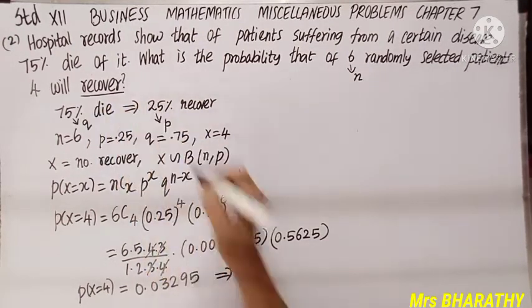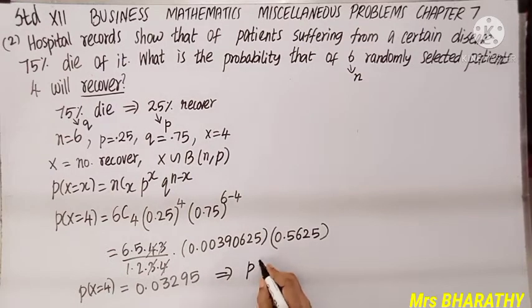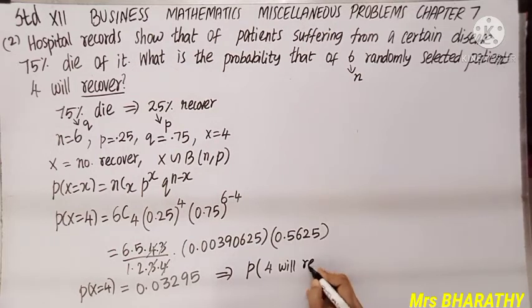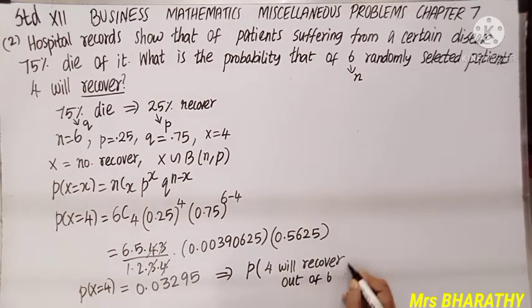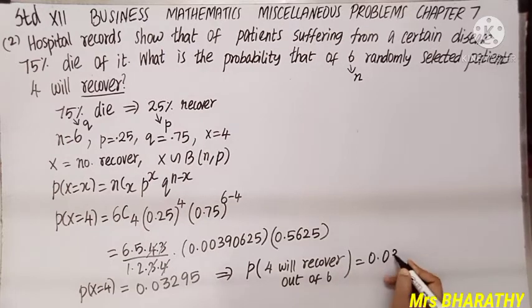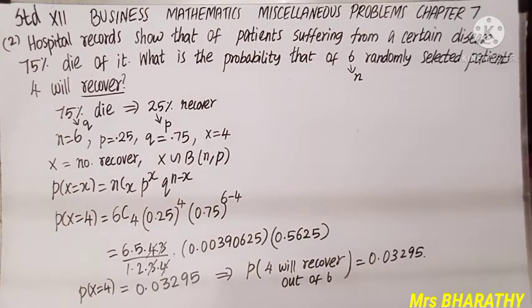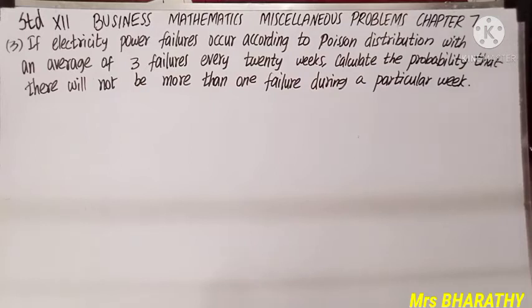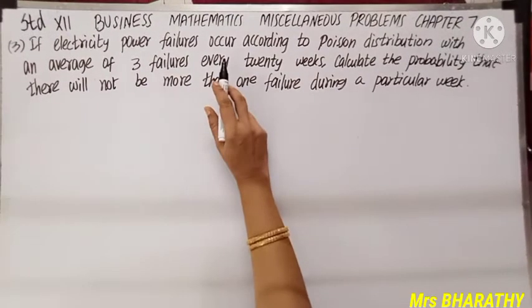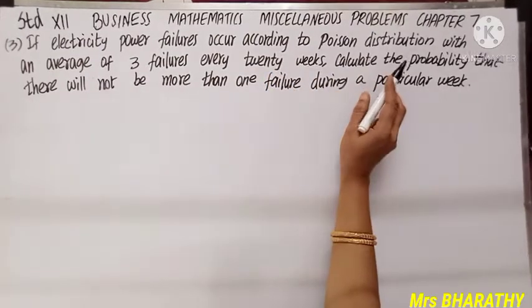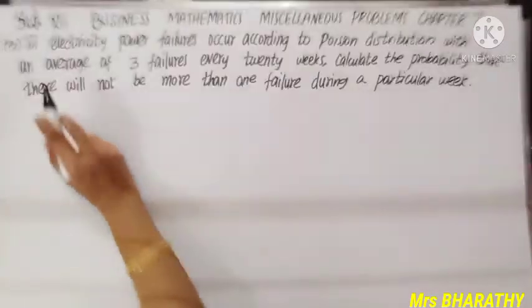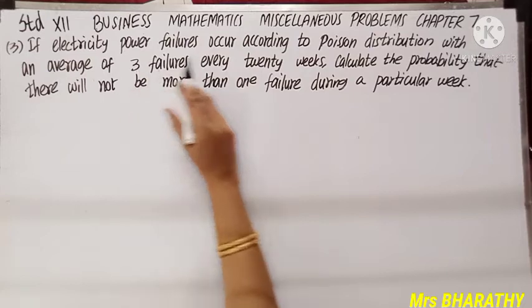We'll take and write it in the answer. Probability that 4 will recover out of 6 is nothing but 0.03295.